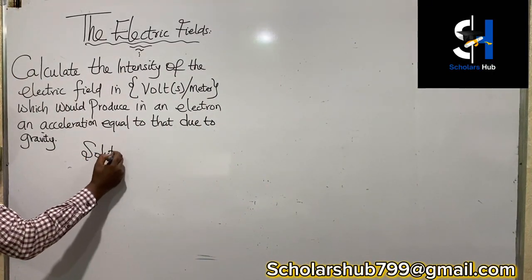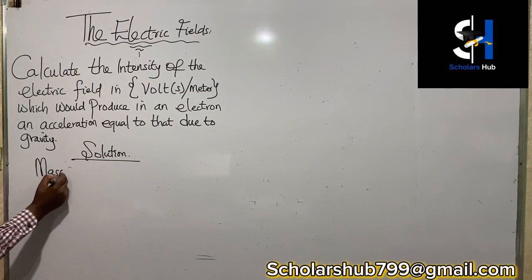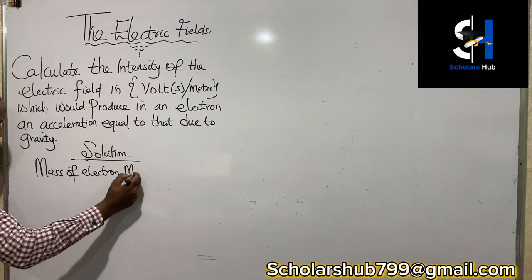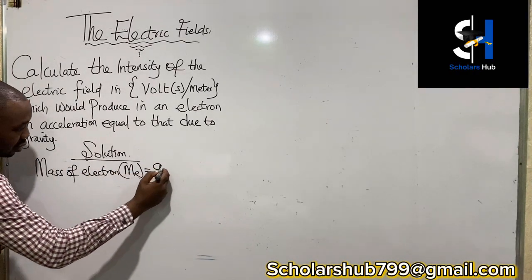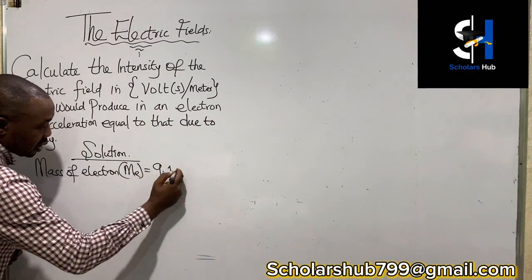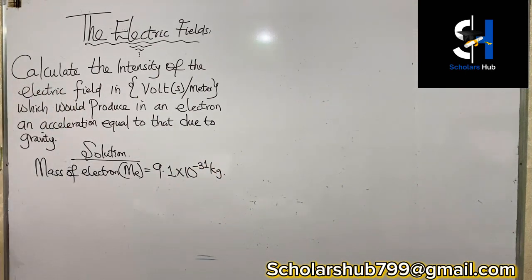So in this case, we know that the mass of electron, which is me, the magnitude of the mass of electron is 9.1 times 10 raised to the power of minus 31 kilograms.